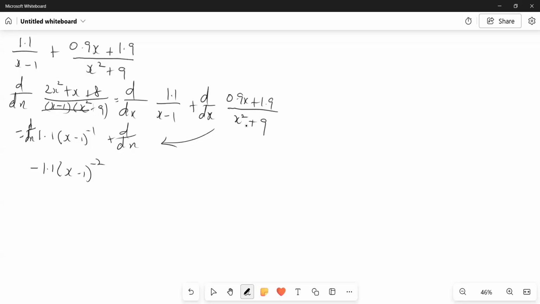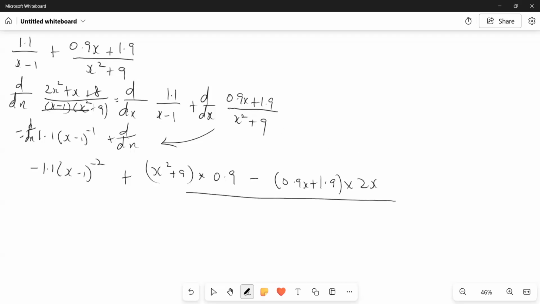V times the derivative of up here. So you'll get what? All right, plus, V du/dx. So you get x squared plus 9 times the derivative of up there is 0.9, minus u, which is on top of that, 0.9x plus 1.9 times the derivative of the bottom, which is 2x, all over x squared plus 9 squared, right?